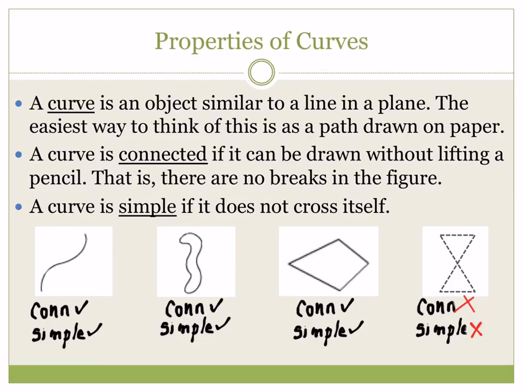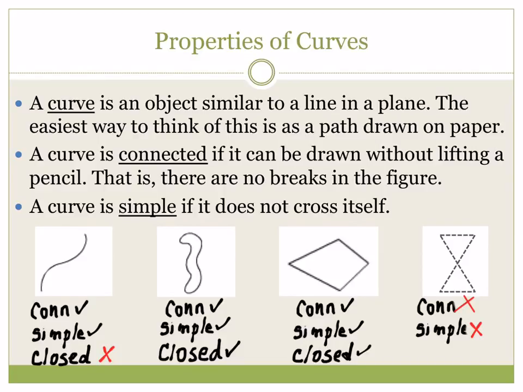If your pencil starts and stops at the same place, it's considered closed. Is this first one closed? No, it is not. Is the second one closed? Yes, it is. How about the third one? Yeah, it's closed.